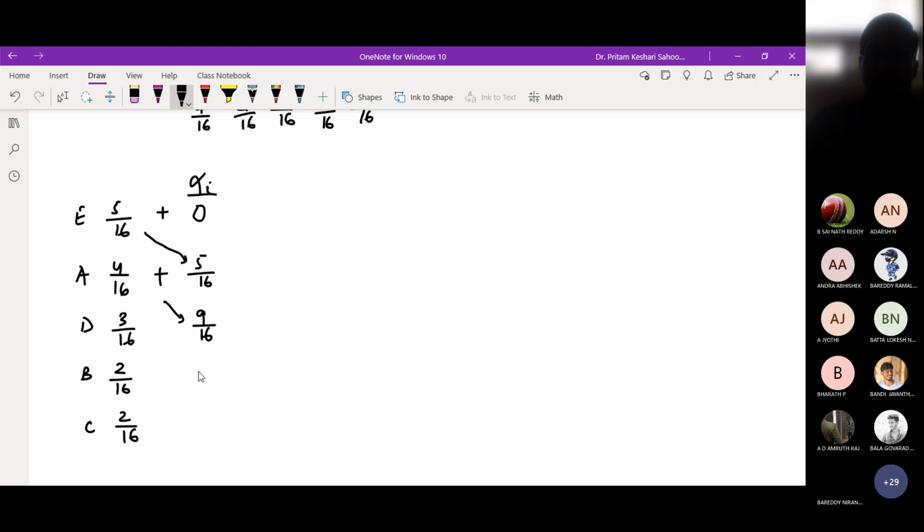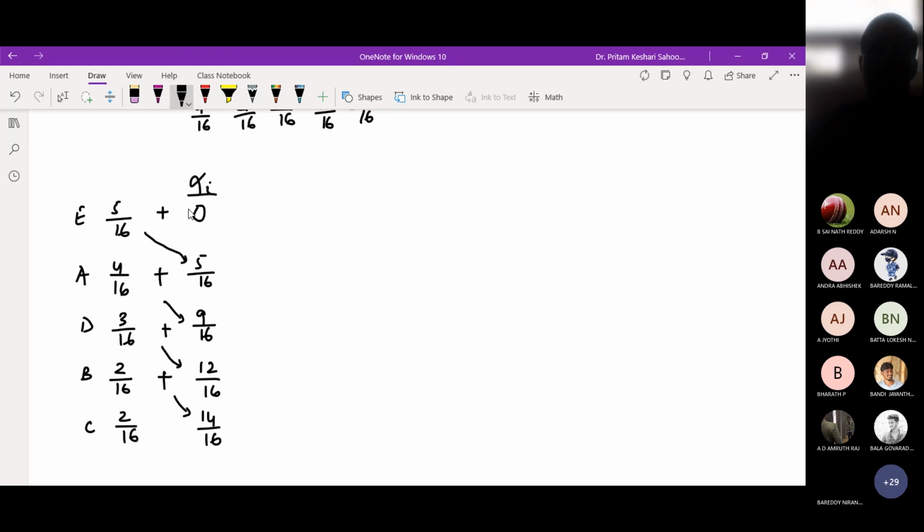And hence alpha 4 is the summation of 9 by 16 and 3 by 16, that is 12 by 16. This summation result you will write here. Similarly, alpha 5 will be the summation of these two, and the result you have to write is 14 by 16. These are the values of alpha i.